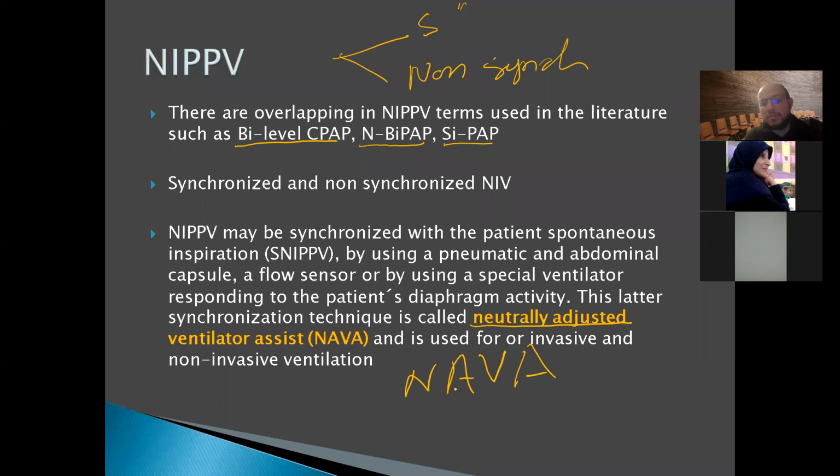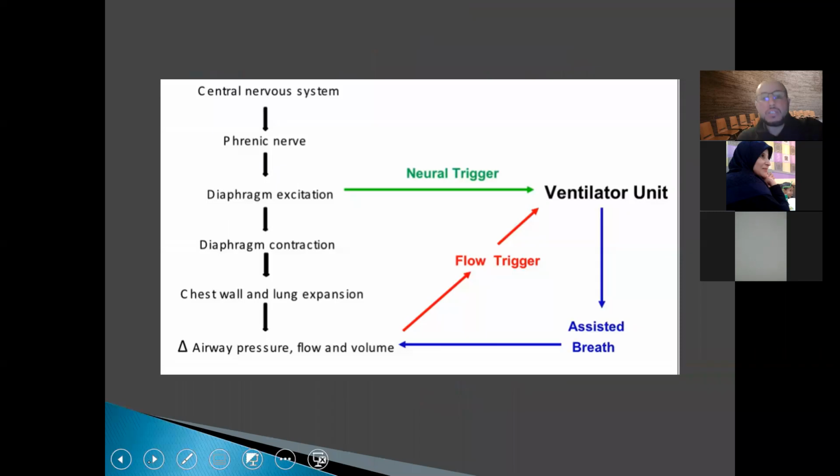In order to work, there's a fancy machine or some sort of ventilator that provides the NAVA, and they have a probe. They go all the way to reach the level of the diaphragm, and that's the sensor. It senses the movement of the diaphragm. How does it work here? In regular mechanical ventilation, the CNS sends a message to the phrenic nerve.